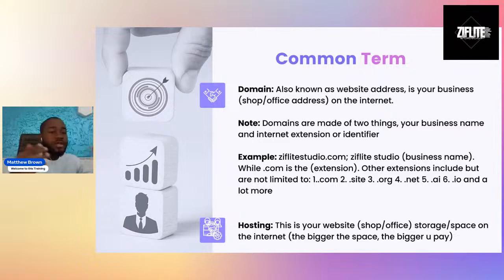So that has to do with storage itself in the form of gigs, 1 gig, 2 gig, and so on. When we now talk about bandwidth, we are talking about the number of people that can be on that website at a particular time. For instance, what would I use for a perfect example? During JAMB, right?